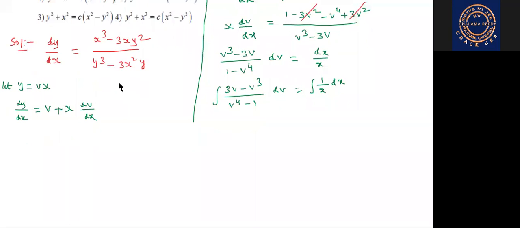Tell me. Integration, this is 3v divided by v power 4 minus 1 dv minus integration v cube divided by v power 4 minus 1 dv.